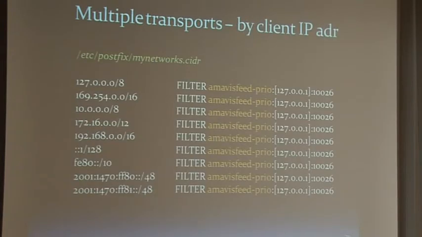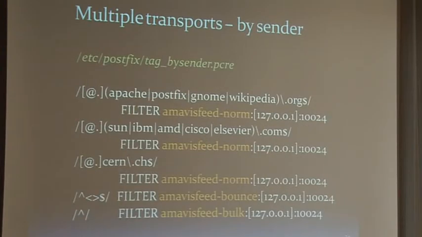Here's an example of how to tell Postfix that for each IP address a mail can be sent to Amavis either through different transports or to different ports. I will skip this. We can come back later or offline.